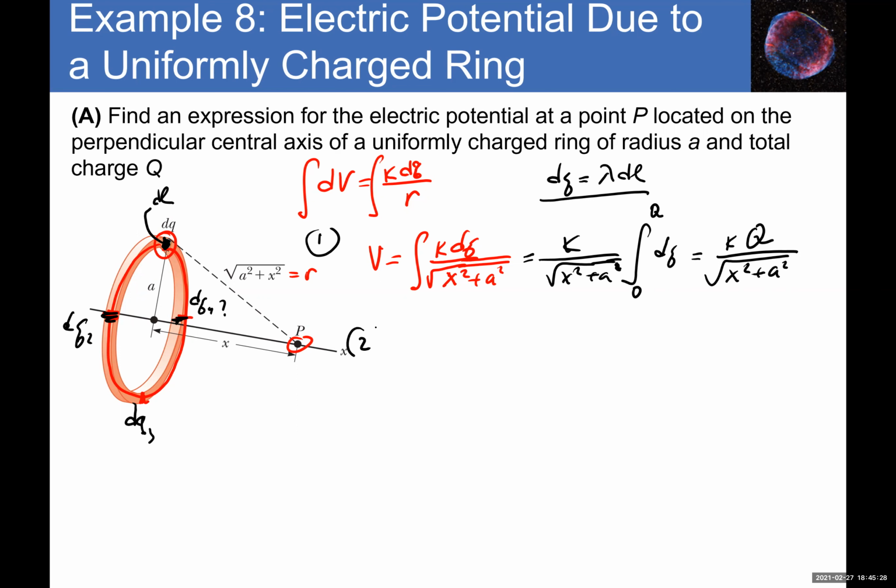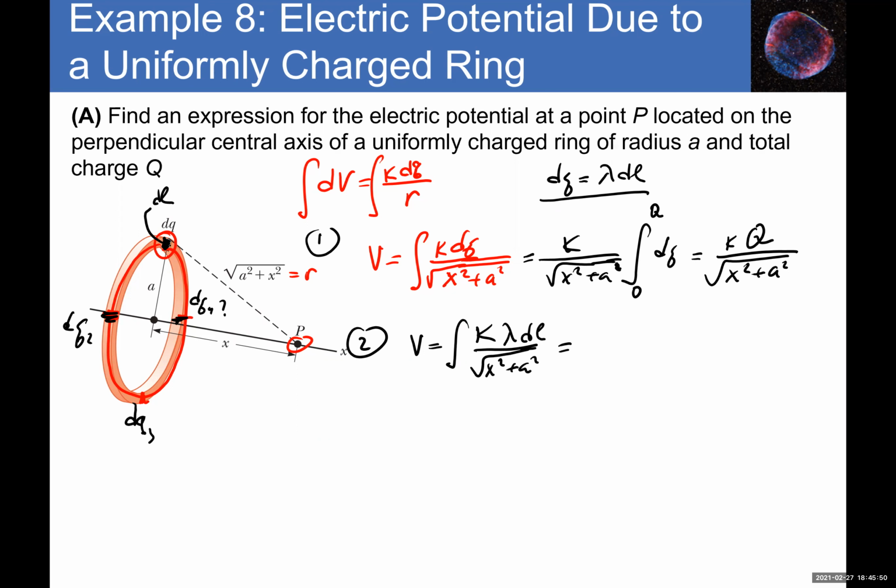But I can also do it in terms of version 2 of this equation, where V is equal to an integral of k, but I replace dq with lambda dl, over the square root of x squared plus a squared. Now, what I'm doing here is replacing dq with lambda dl.